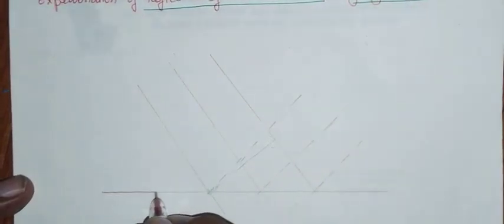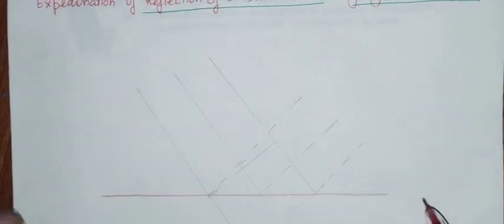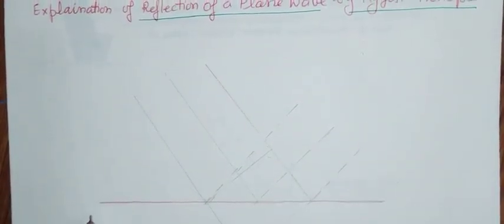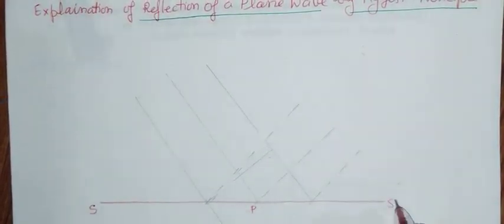Let us consider this line represents a plane reflecting surface S P S dash.